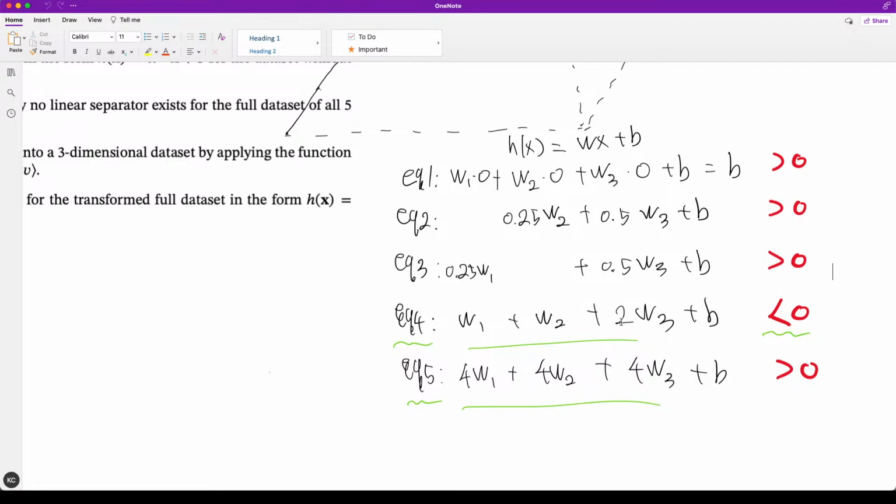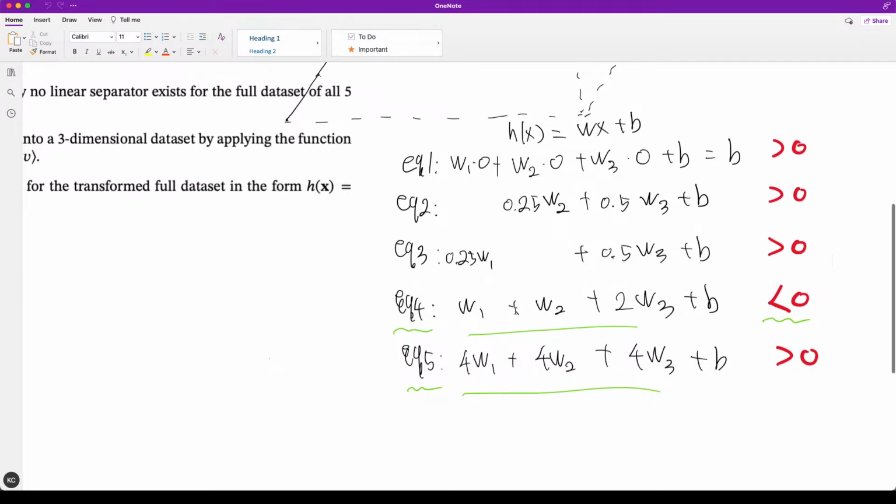So we can think that W3 could be a large enough negative value to cancel out W1 and W2, which could be positive values.